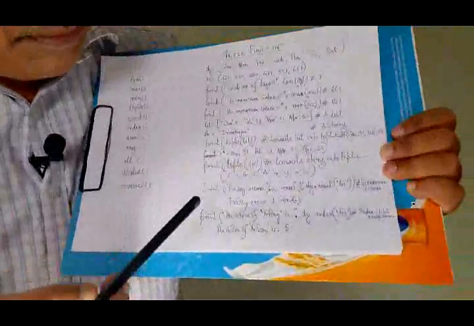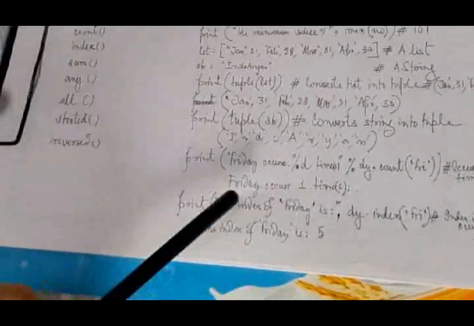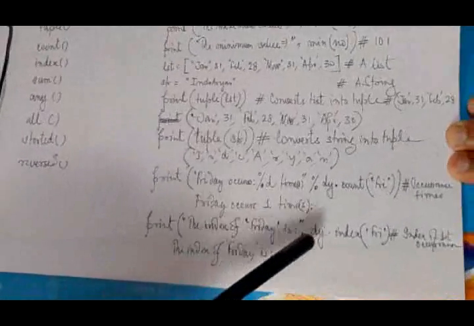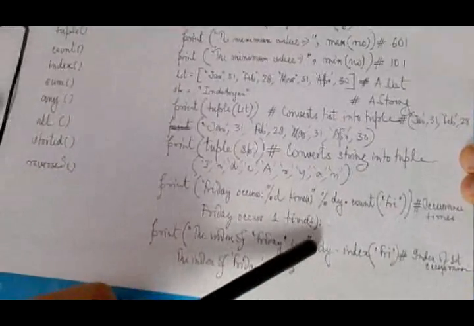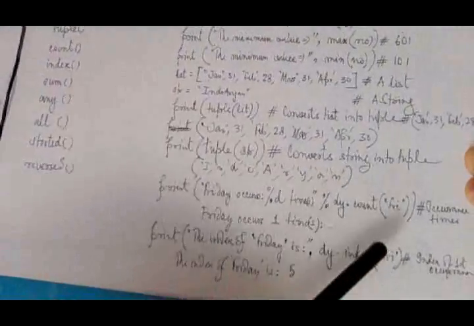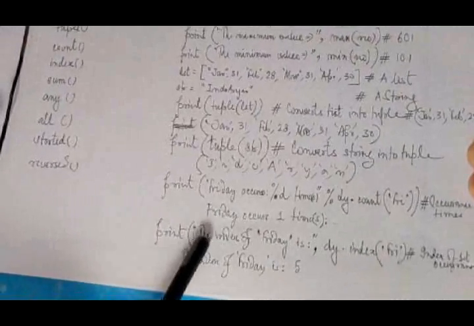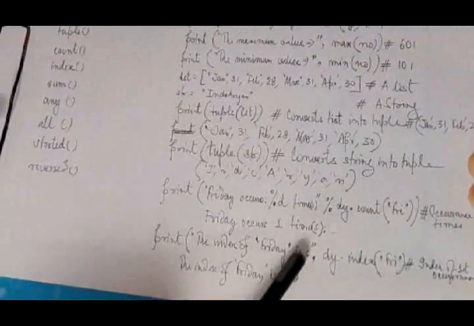So see, print the index value of Friday is dy dot index of FRI. Where is the position of FRI in the values of dy? That value is getting returned.